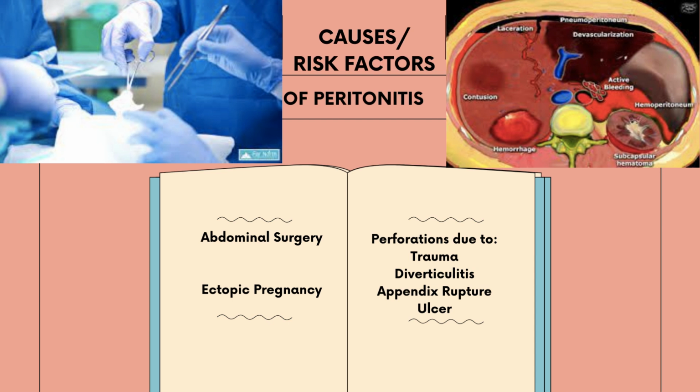These perforations can be due to traumas, like a gunshot wound or a stab wound. They can be due to diverticulitis that is perforated, so that outpouching in the colon. It can be due to an appendix rupture, which will cause pretty widespread infection in the abdomen, or a perforated ulcer.